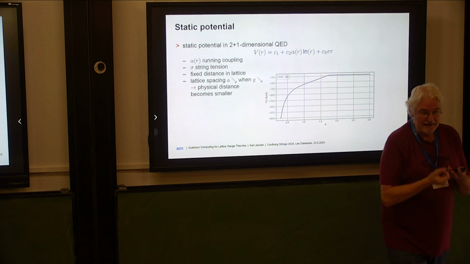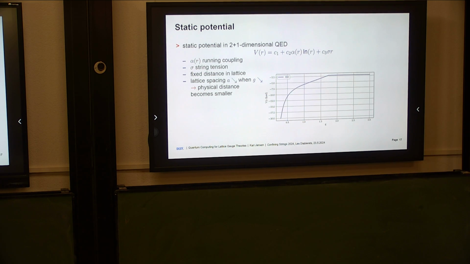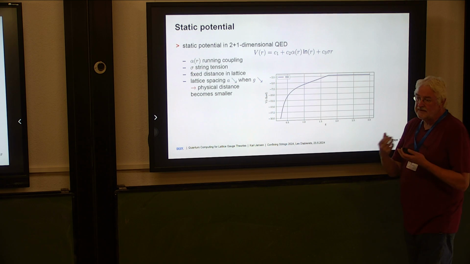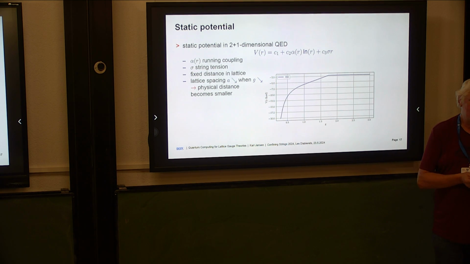Since the physical distance is given by the lattice spacing times the distance in lattice units, so r physical is a times r, and r is 3 lattice points, we can simply vary the value of g to get to different physical distances. Is that clear? Was it clear? Okay.